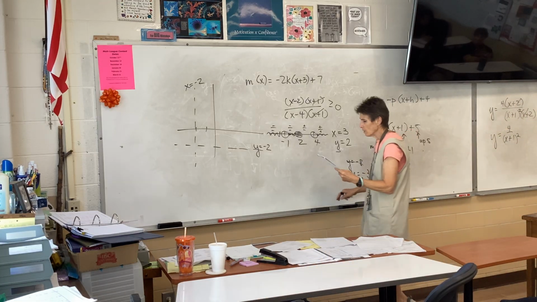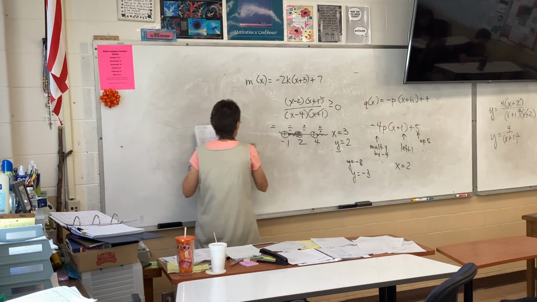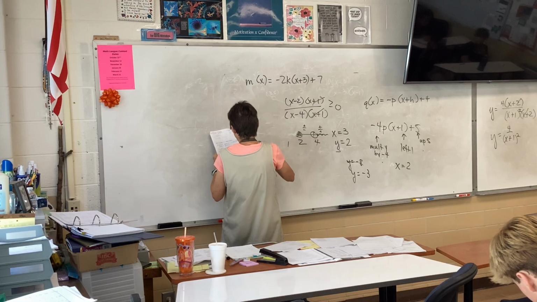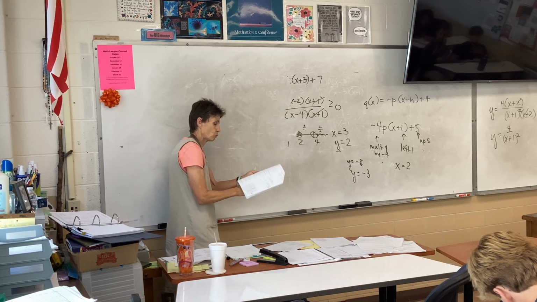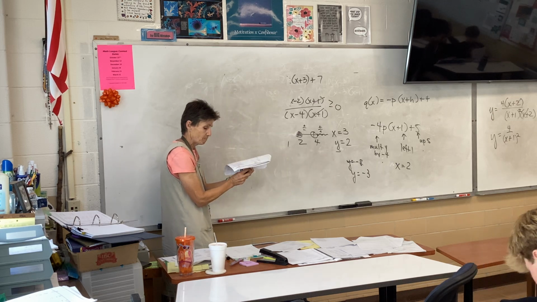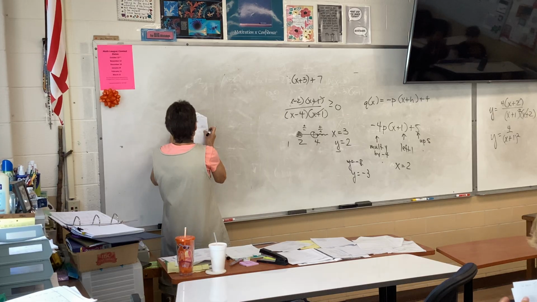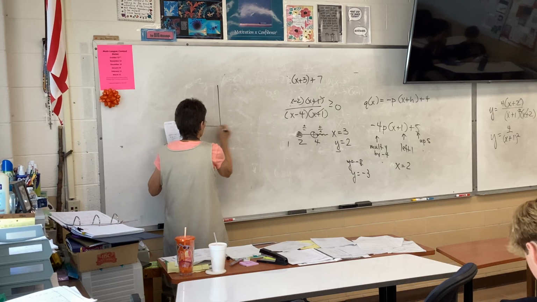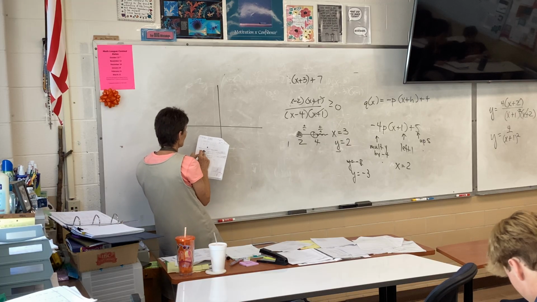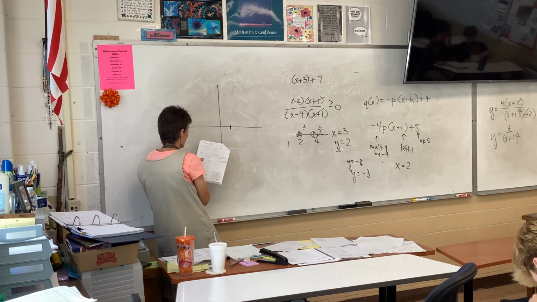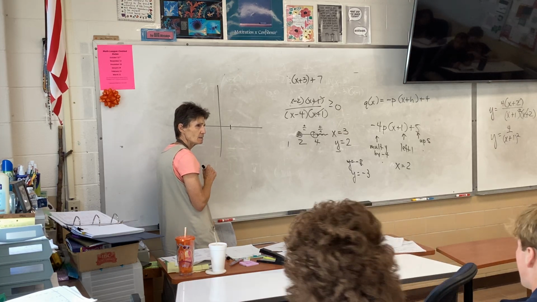Remember yesterday, we were doing those problems where we had to figure things out. So quickly, let's see if we can do 3A in the homework together. Now, let's look at what we know. If we are approaching 1 and getting negative 4, did I do this one already? No? Okay.